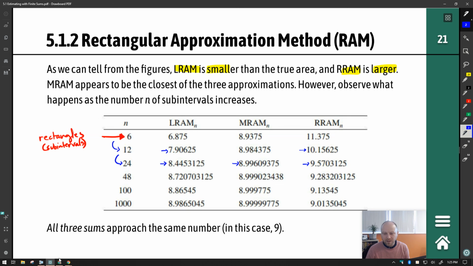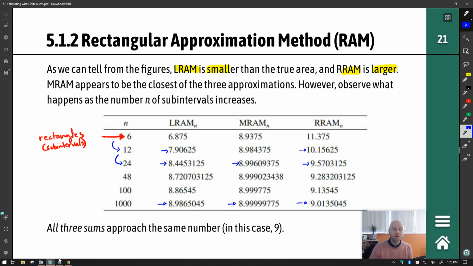Now look how close these 3 approximations are. 8.986, 8.999, 9.013. They all seem to be converging on the same number, and that's what we should expect.